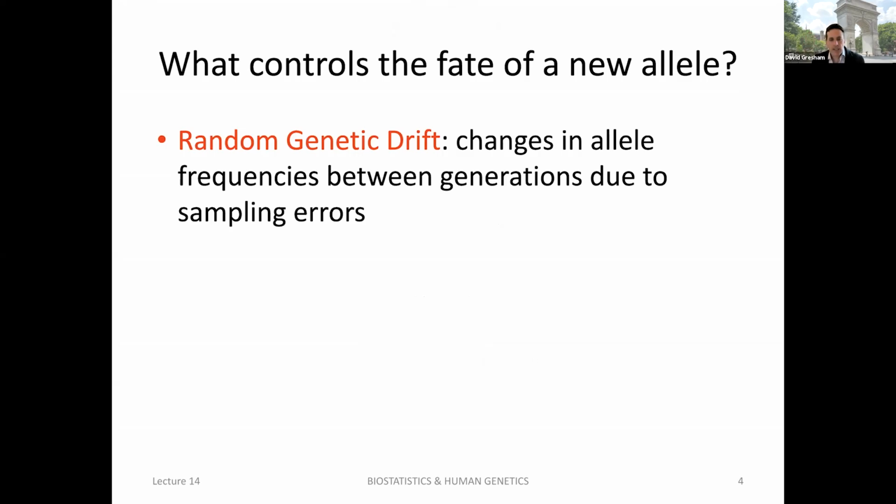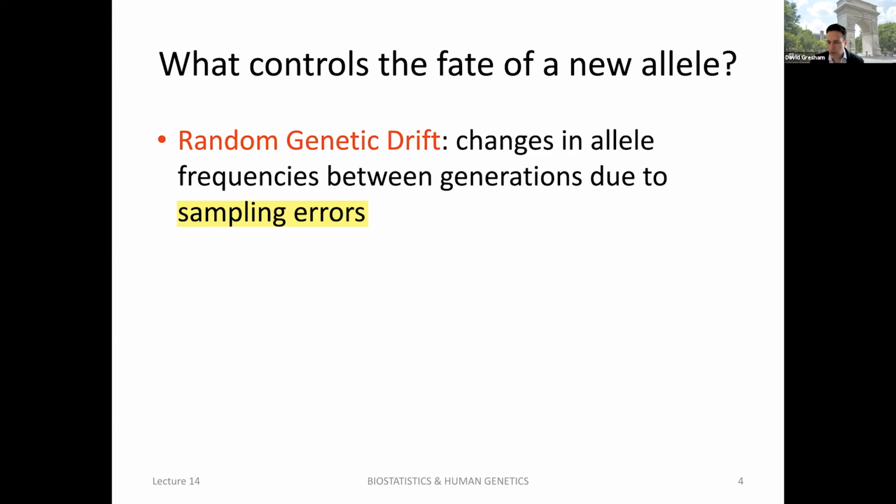And the first of these is random genetic drift. So who's ever heard of genetic drift? It's a really important concept in population genetics, but it's one that you're well equipped to understand today. Because really what it is, is just changes in allele frequencies between generations that's just due to the process of sampling.